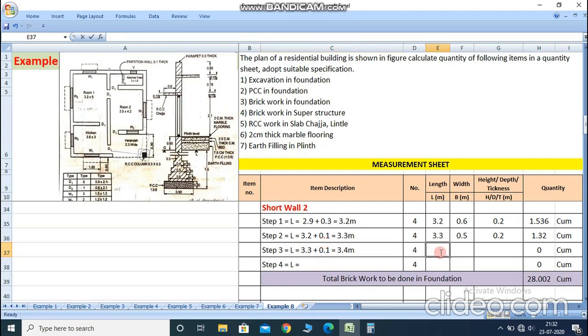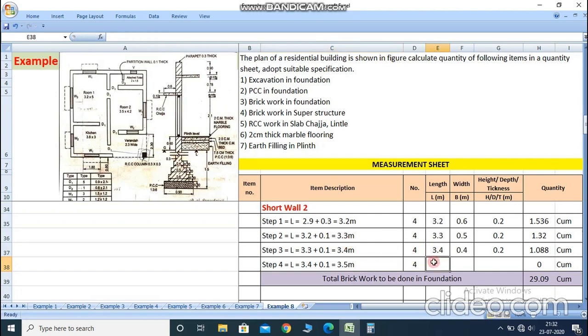Now right here 3.4, then the width is 0.4 and thickness is 0.2. Now we calculate the length for step 4. So here 3.4 plus the difference between 0.4 and 0.3, which is 0.1, gives 3.5 meter.